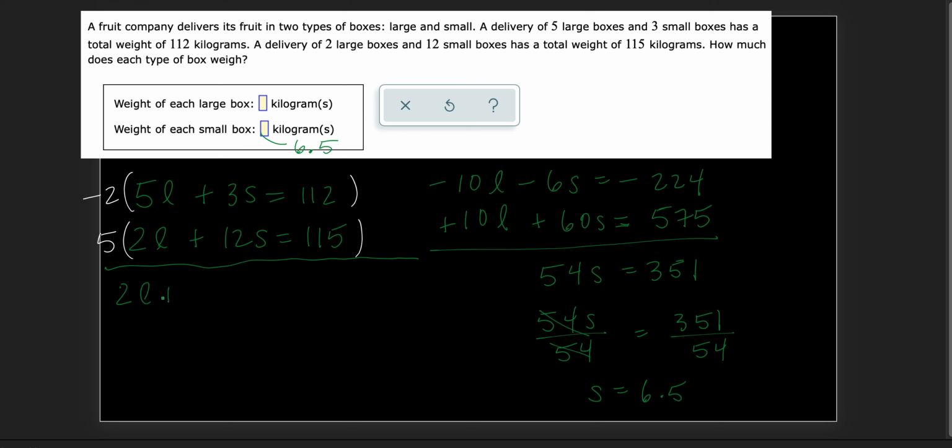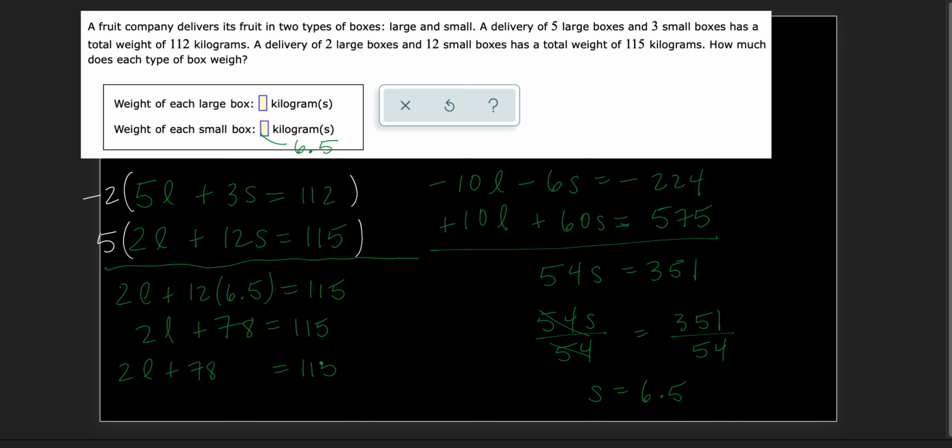So 2L plus 12 times 6.5 for S equals 115. And 12 times 6.5 is 78. So now I need the 78 and the 115 on the same side of the equal sign so I can combine them.